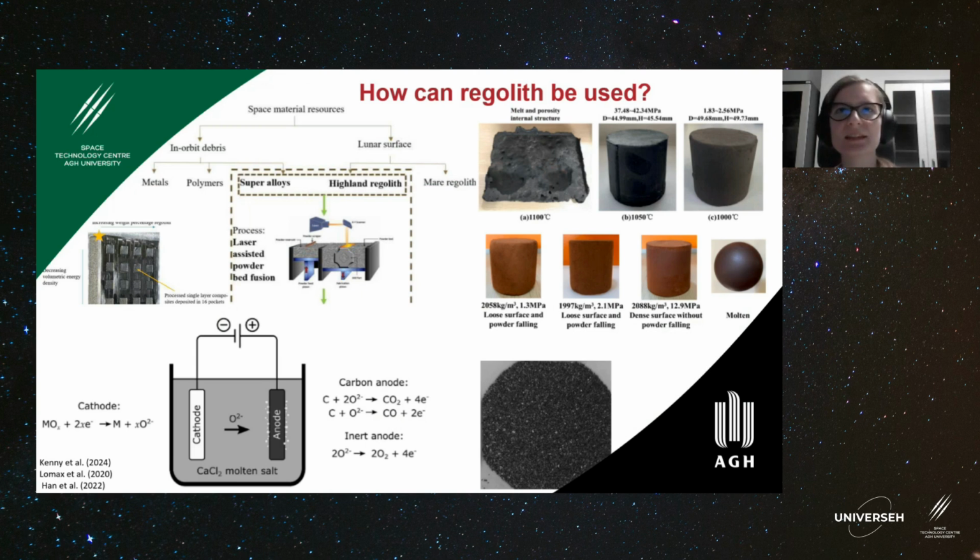And now let's go on to regolith. I've already introduced regolith as this kind of weathered upper part of rock on various celestial bodies and also on Earth. Most research that is shown here was done on regolith simulants, because fortunately the properties of regolith are in quite a lot of ways reproducible in a laboratory.